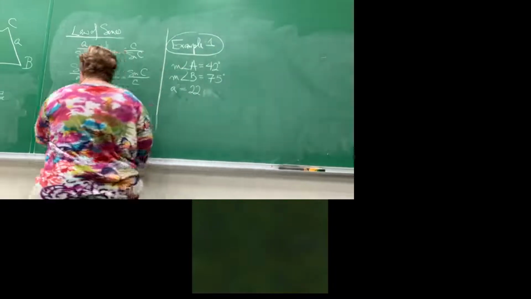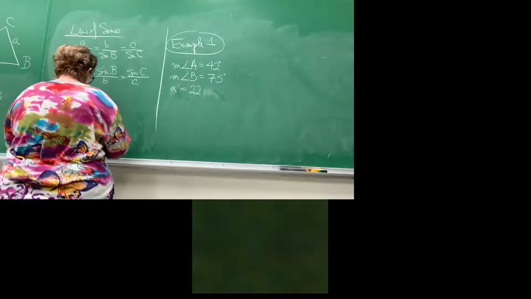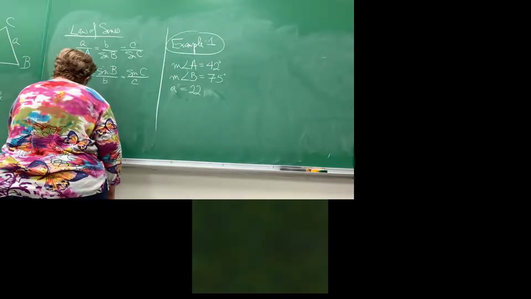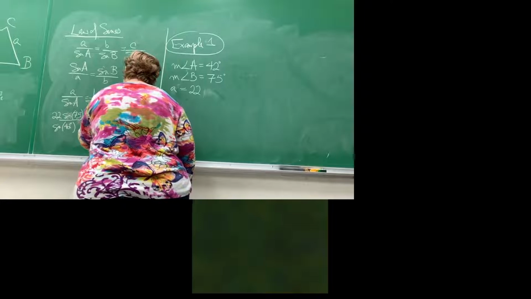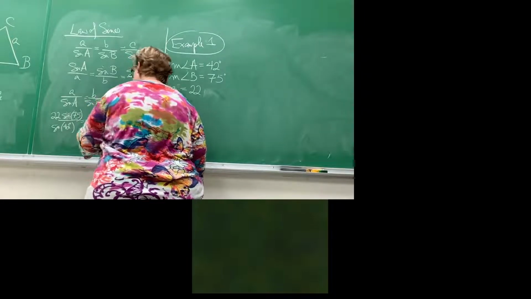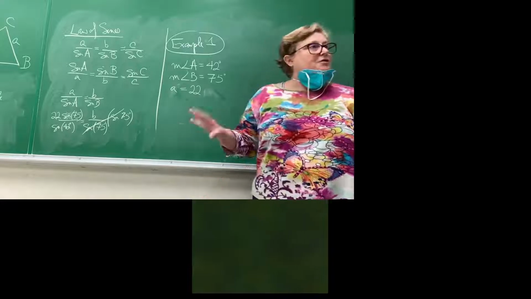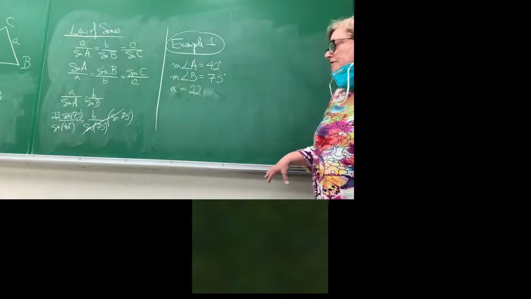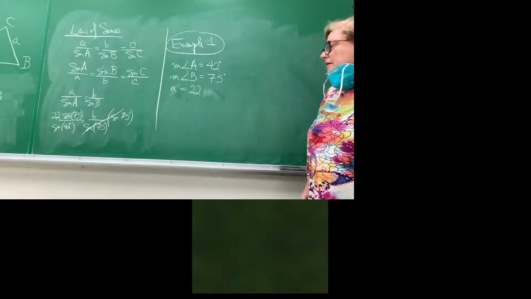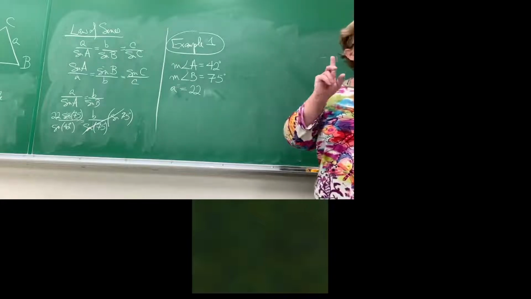Good. So I'm just going to write sine 75 in the numerator. And now it's easier, if you do that extra step, it's much easier to deal with the numbers in your calculator. But we do want to have one caveat.